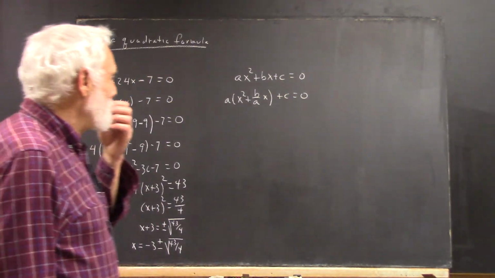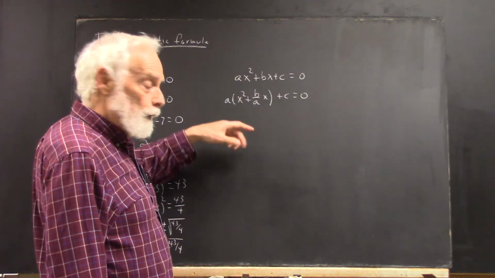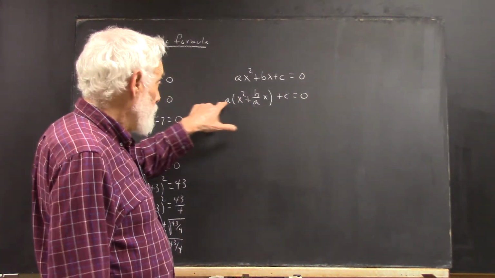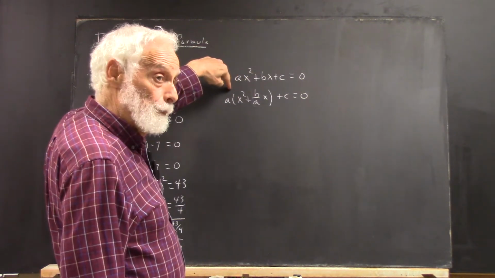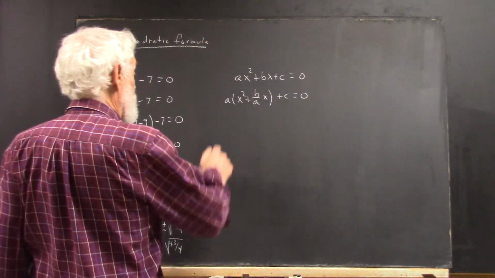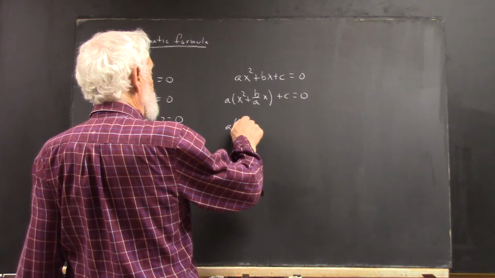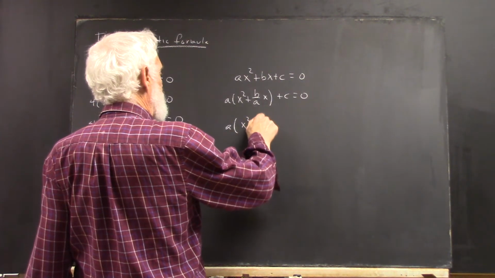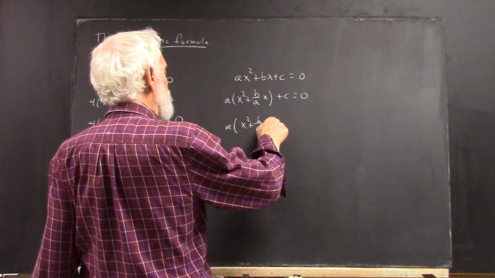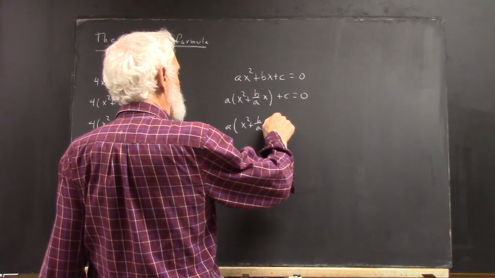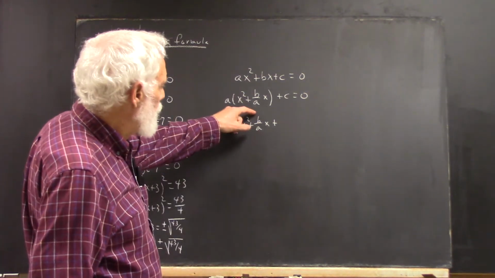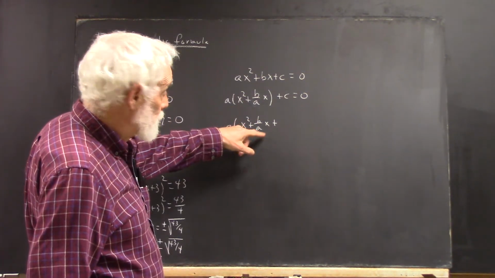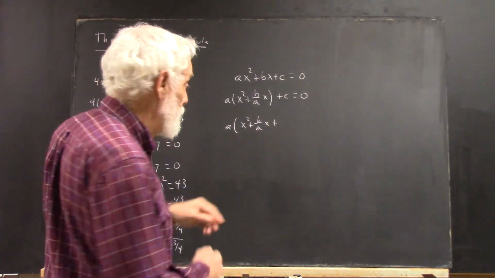And you can verify by the distributive. Well, if I multiply through by a here, I do get this, so this factoring works. Okay? Then I have a times x squared plus b over a x plus, what do I need to complete this? I need the square of half of this. I have to square half of what's in front of x.